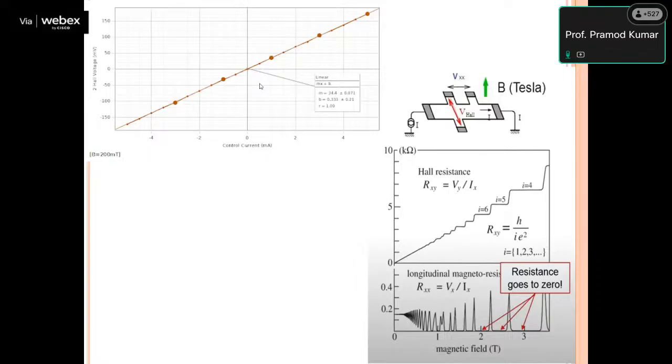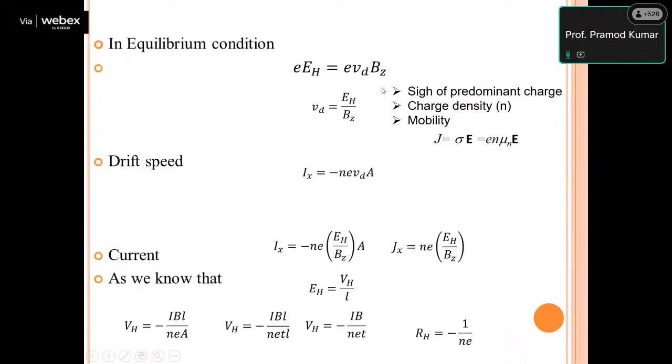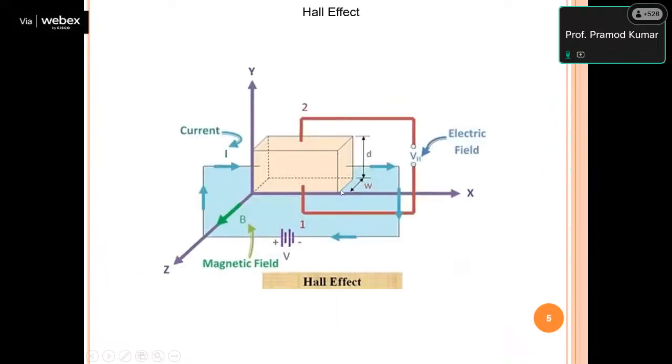But this linear behavior we get only at low temperature. Now, if you look at this diagram, this is the width, and this is d, the thickness of the material.